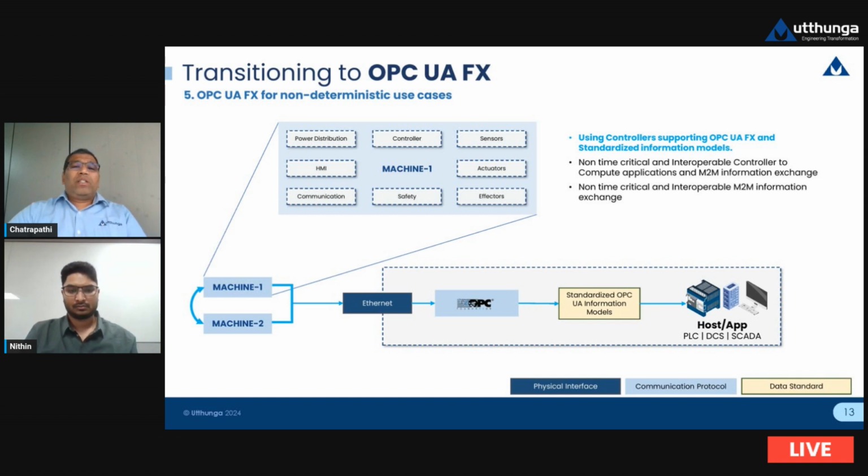And here, different use cases which are not very demanding in terms of time criticality or time sensitivity can be achieved with this, still using standard Ethernet.